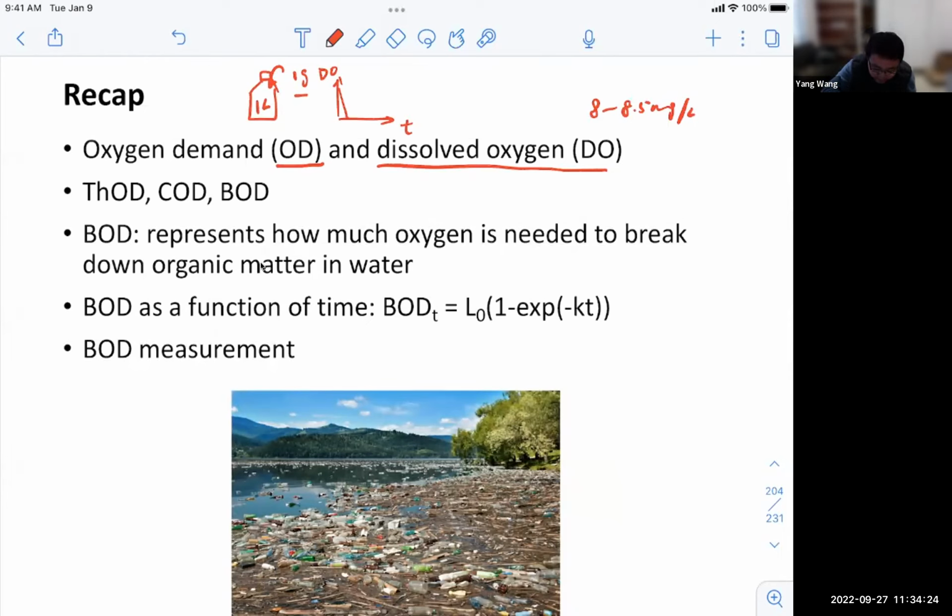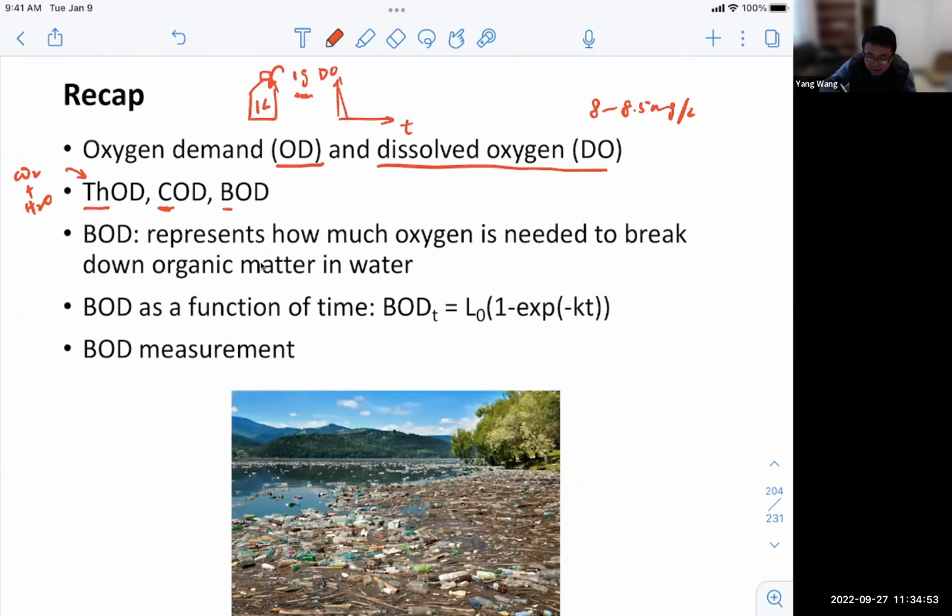There are 3 different definitions: the theoretical oxygen demand, the chemical oxygen demand, and the biochemical oxygen demand. The theoretical oxygen demand is based on stoichiometry, so everything gets converted into carbon dioxide and water. For the sugar case, we had some calculation there. The chemical oxygen demand uses a highly oxidizing agent, for example chromic acid, to oxidize the organics.